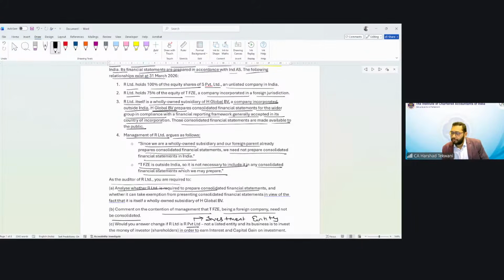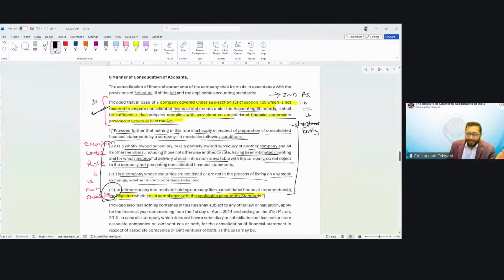So then we will not check the Companies Act if it is getting exemption under Ind AS 110, sir? Once we are getting the exemption under Ind AS 110, that's over. Why would you go and take another exemption? If I talk about the rule of priority, the first exemption is given under Ind AS.